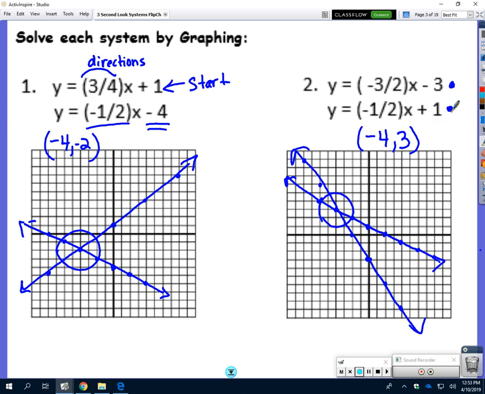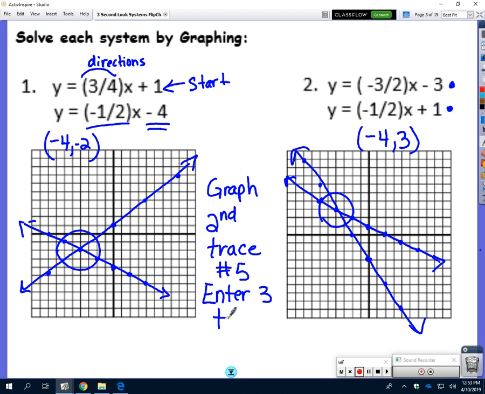And to find the point of intersection, you hit graph, second, trace, number 5, and then enter 3 times. But practice a few on your practice page without the calculator.